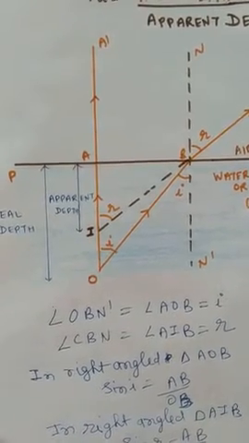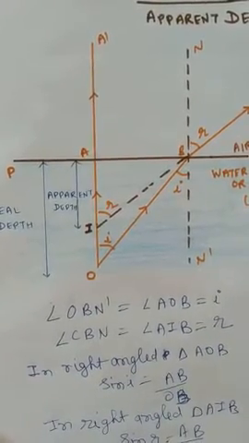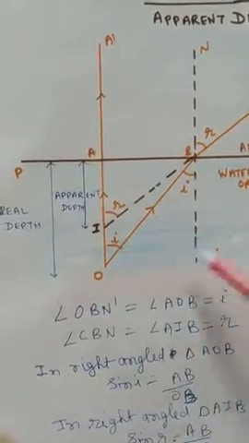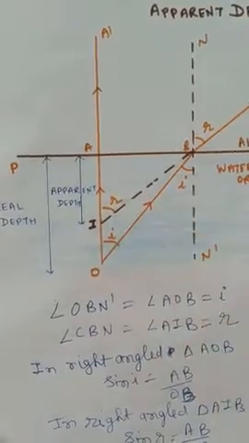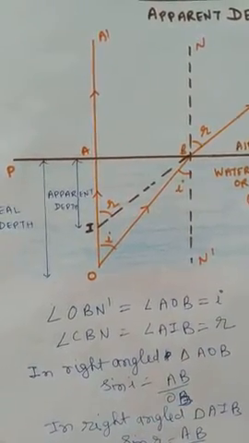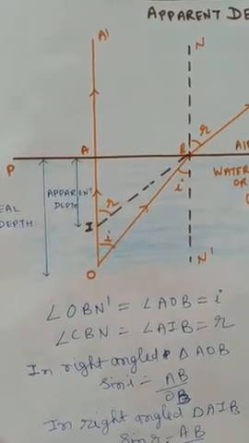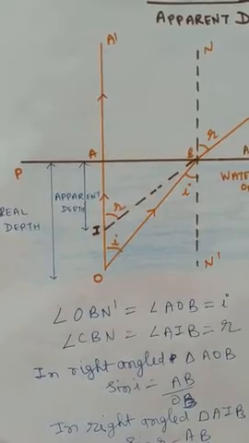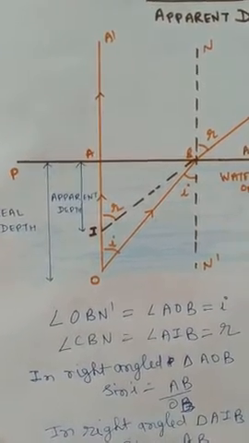Now the shift that we got depends on three factors. First, it depends on the refractive index of the medium. Higher the refractive index, more will be the shift. Second, it depends on the thickness of the medium. If thickness is more, the shift will be more. And third is the dependence on wavelength, that means on the color of light.